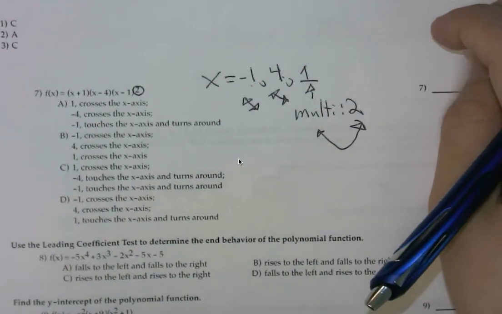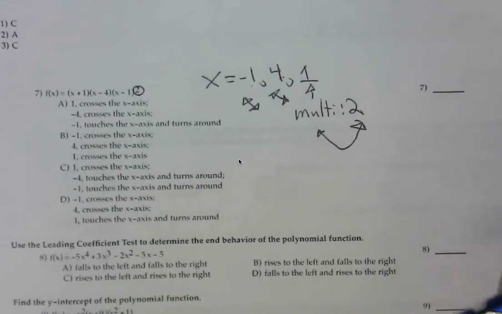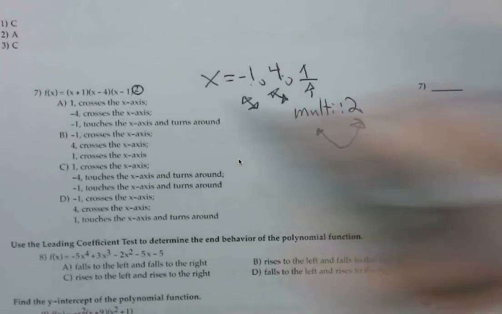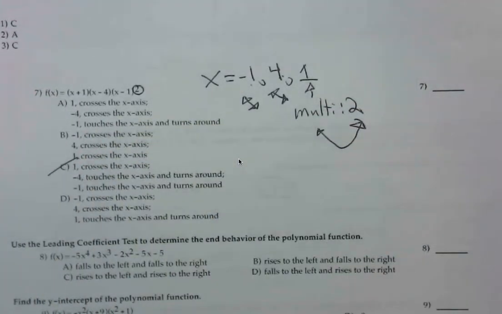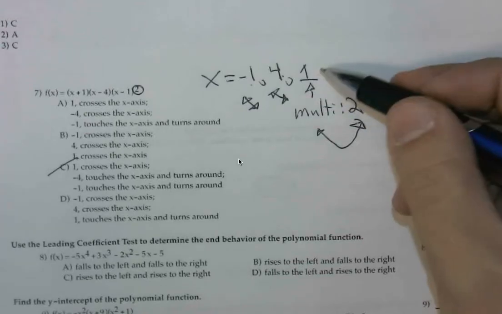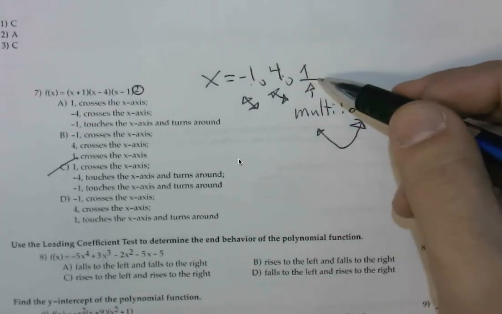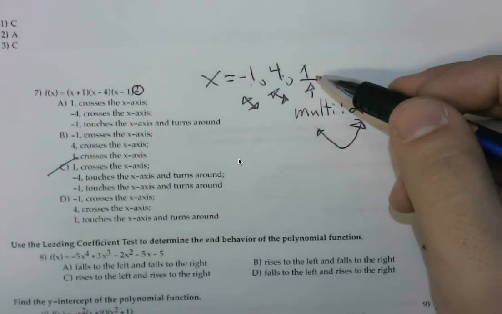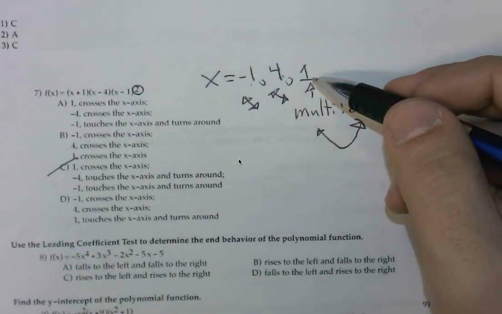So the best option for us, let's see, we're looking for negative 1, 4, and 1. C doesn't make sense. So now we're looking for where it says 1 has multiplicity. So let's see.